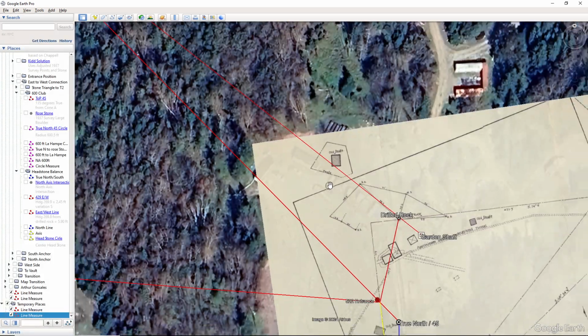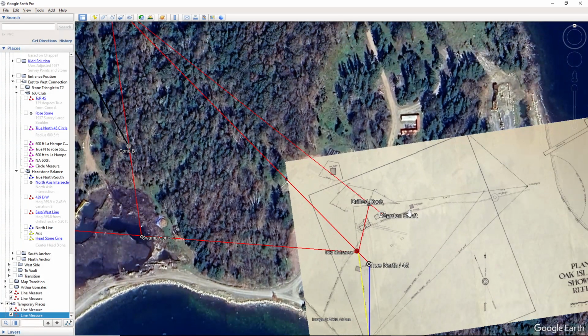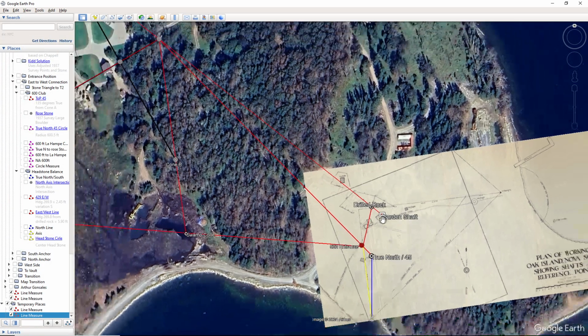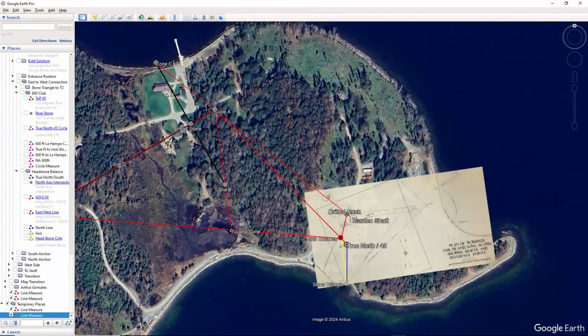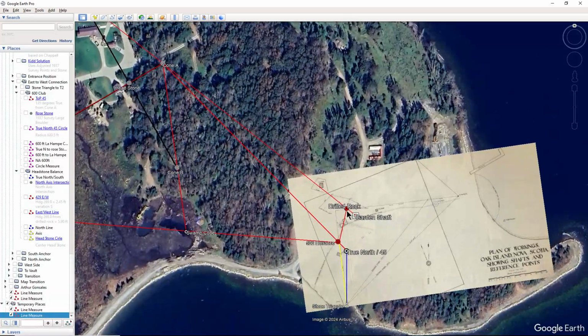This one is done by George Bates, who was the surveyor that did this with Gilbert Hedden back in the 1931 time frame. But you see, there is a geometry here, an alignment, not only the one from cone C to cone A to the garden shaft, but it goes to the drilled rock.